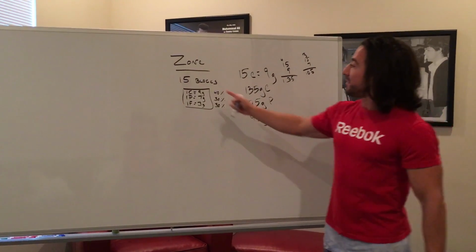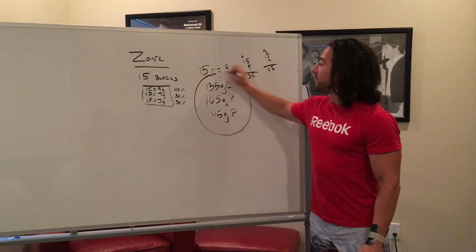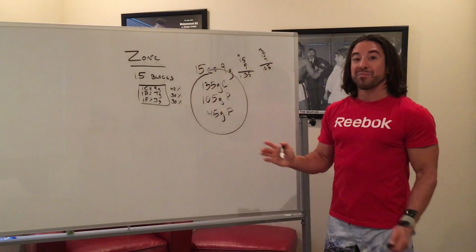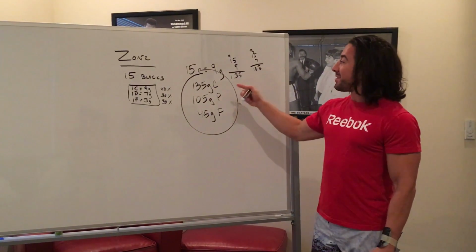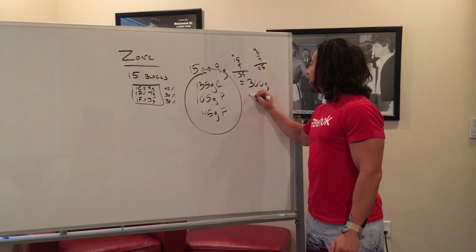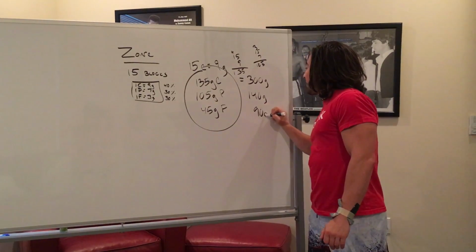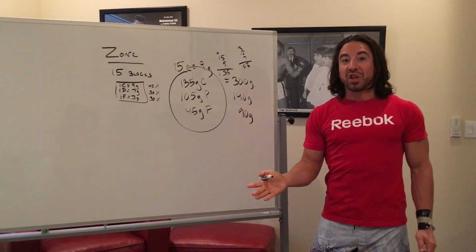If you were to look at somebody like myself with 15 blocks on the zone, this would be my macronutrient breakdown. And as you can see, compared to what I'm currently eating, about 300 grams of carbs, 140 grams of protein, and about 90 grams of fat, it's substantially lower.